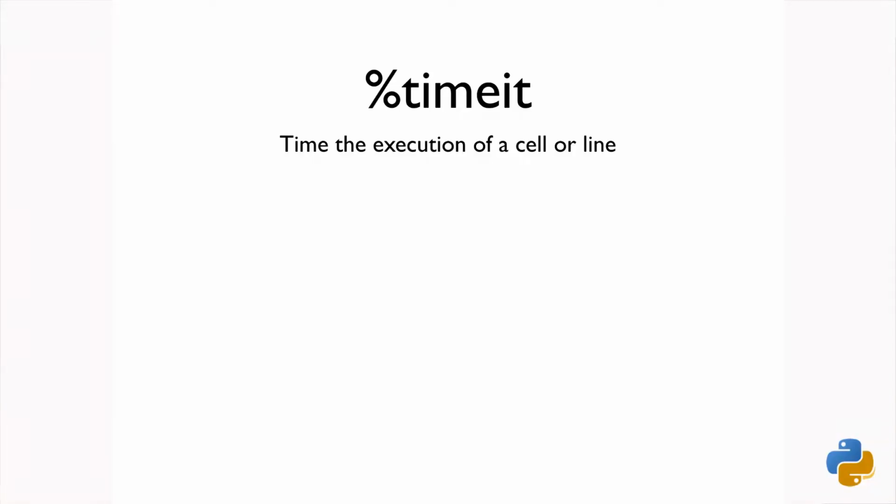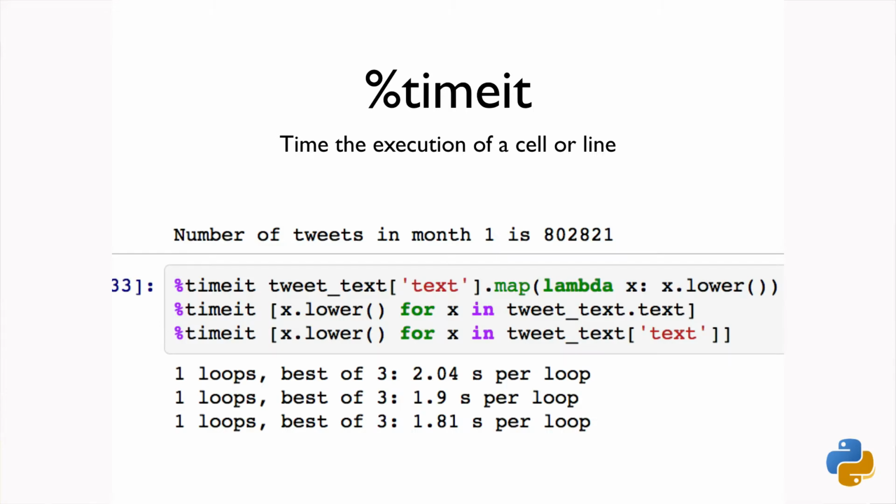So the first I'd like to mention is Timeit, which lets you time the execution of a line or a cell. This is an example of how I've used Timeit to test the speed of accessing a Pandas data column, because part of what I've been learning is how to try to do things efficiently. In this case, there weren't huge differences in the speed of accessing it through the built-in pandas.map function versus using a list comprehension.